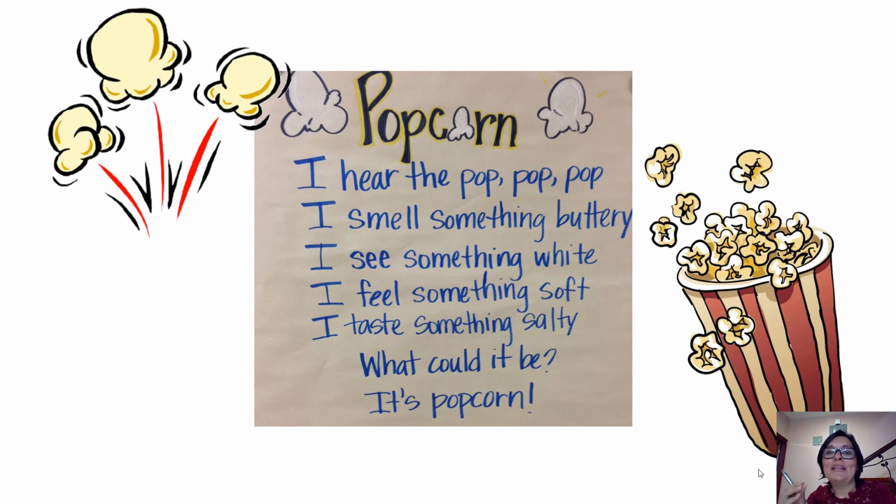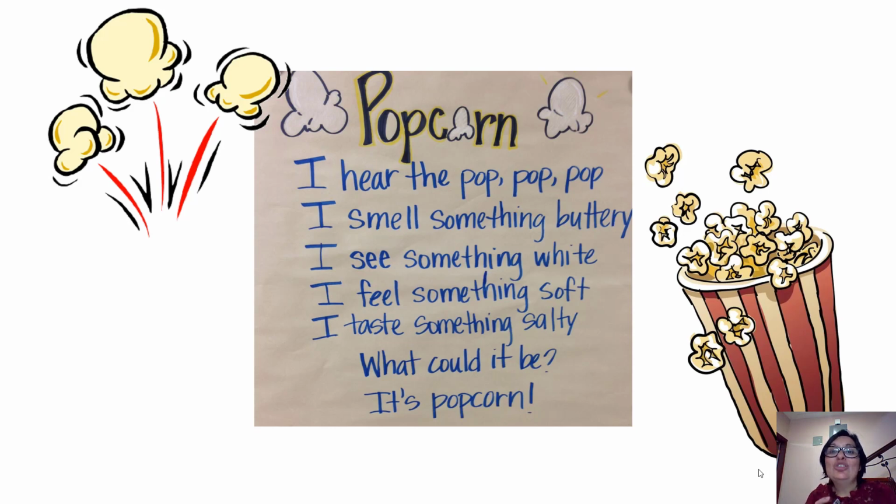I feel something soft. If you touch the popcorn, it is going to be soft. So you are using another sense. And I taste, when you taste them, something salty. So it cannot be chocolate because chocolate is sweet.